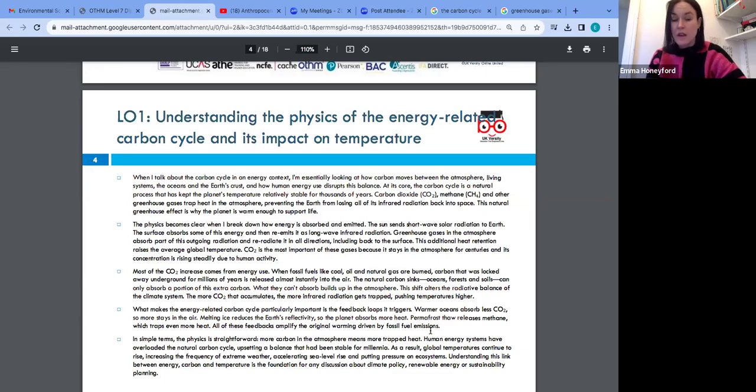It's all connected, and there's something called tipping points that all get triggered, which we will talk about in the next session. So it's really important to understand the link between energy usage, carbon, and temperature as a foundation for when we do look at any kind of climate policy, renewable energy, or sustainability planning.